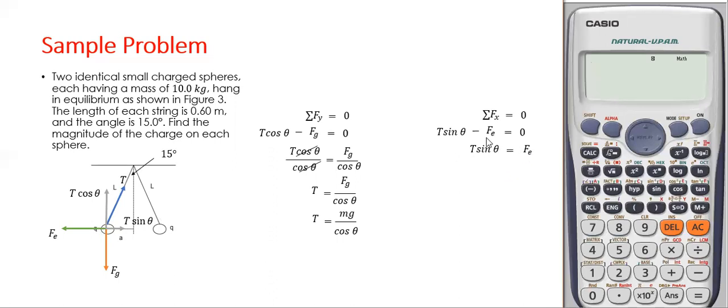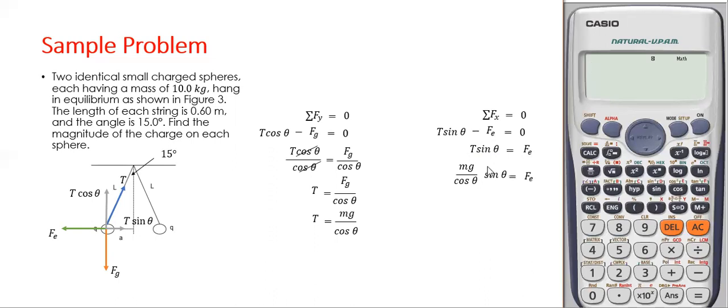Yung electric force po natin, tinranspose natin from left going to right, so magbabago yung sign niya from negative to positive. And then, isasubstitute po natin yung value ng ating tension force dito sa ating equation ng electric force. So we have mg divided by cosine theta times sine theta equals electric force.